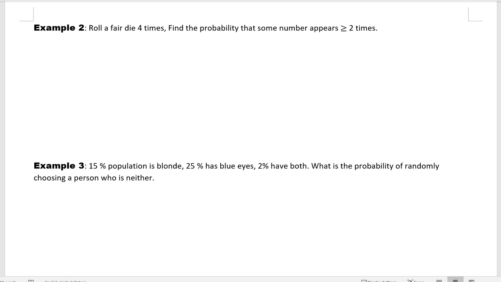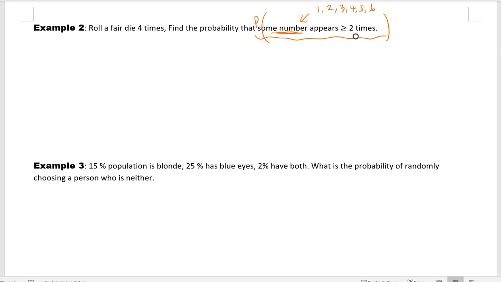Roll a fair die 4 times. Find the probability that some number appears 2 or more times. If you want to compute the probability of some number appearing greater or equal to 2 times, first of all, this number could be 1, 2, 3, 4, 5, 6, a lot of cases.